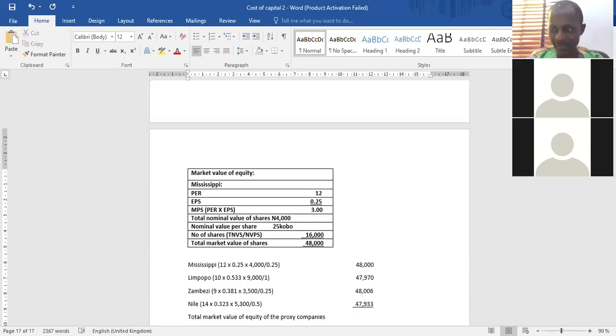So let us add 48,000 plus 47,970 plus 48,006 plus 47,933, which gives 191,909. That's our total market value of equity for the proxy company.